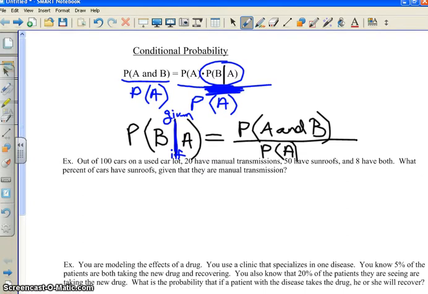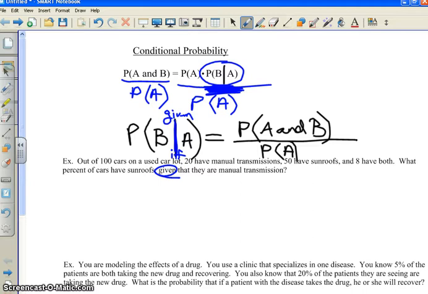So let's start with our used car lot here. We've got 100 cars in the lot, 20 have manual transmissions, 50 have sunroofs, and 8 have both. What percent of cars have sunroofs given that they are manual transmission? So that last sentence is telling us what we're trying to find.